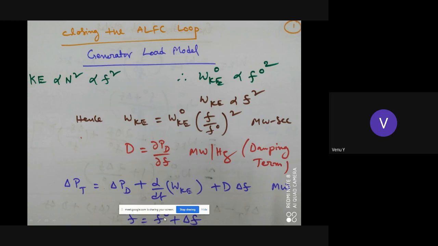So f is equal to f naught plus or minus delta f. F naught is the nominal frequency or rated frequency. Delta f is the change in frequency due to variation in the load. It may be plus or minus based on the type of load, increment or decrement.